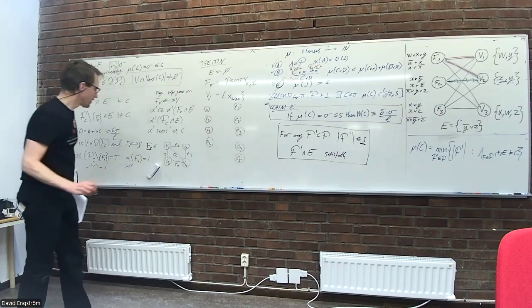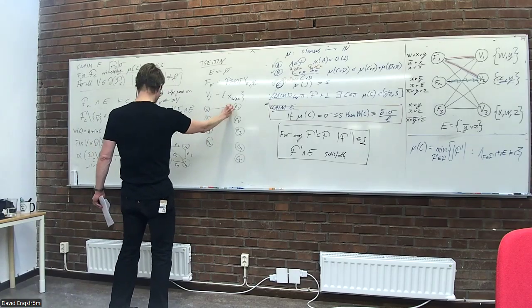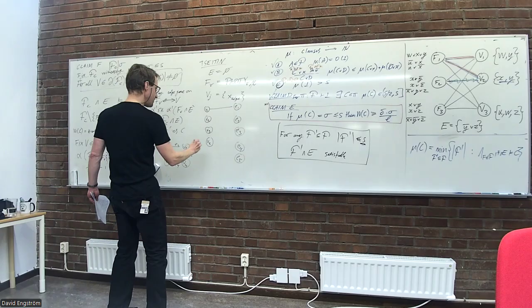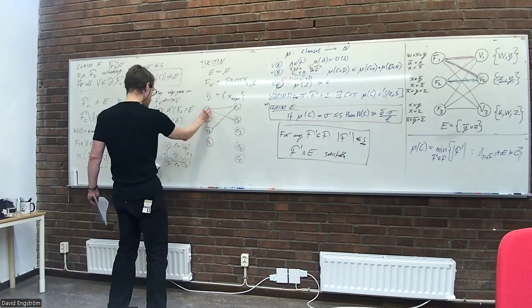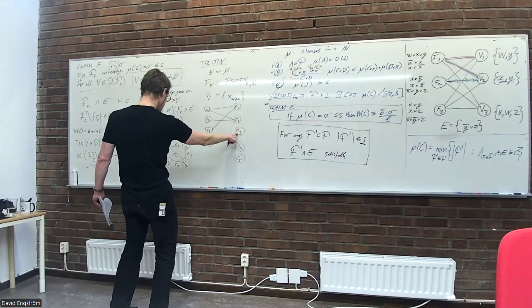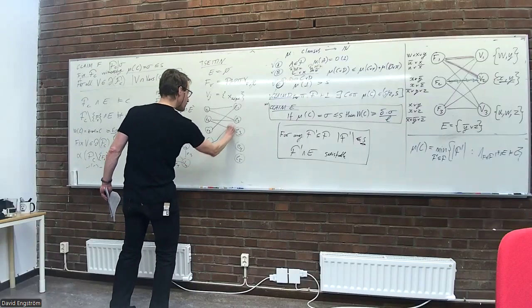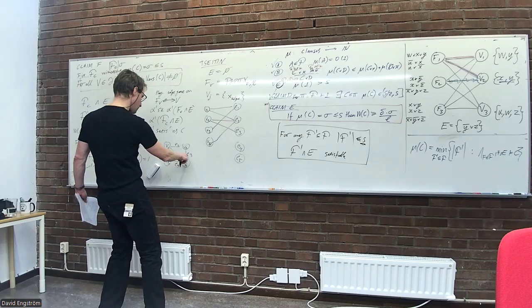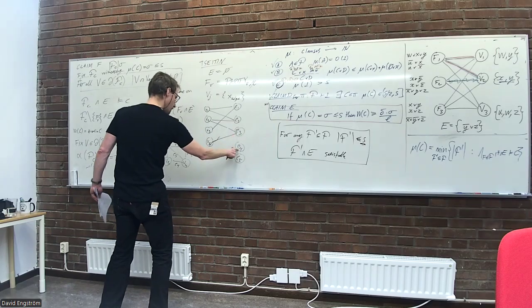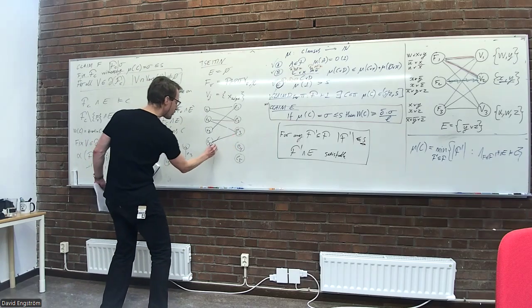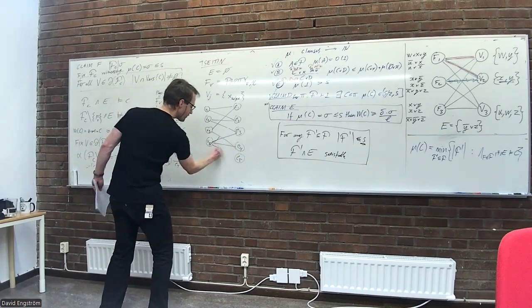This is very improvised. E1 is from V1 and V3, E2 is V1 and V2, E3 is V2 and V4, E4 is V3 and V4, E5 is V1 and V4.